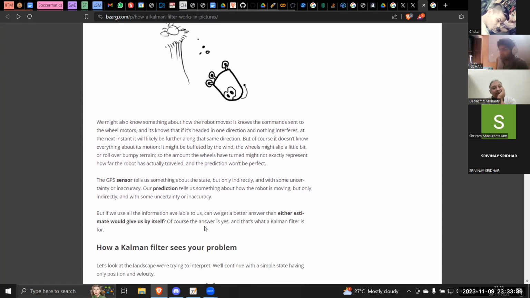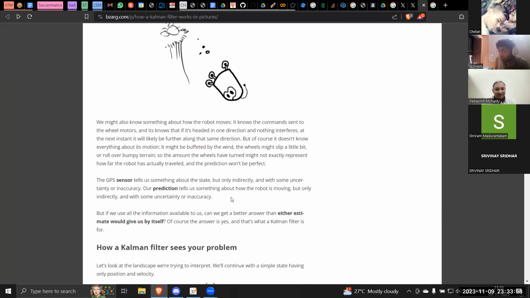The GPS sensor tells us something about the state, but only indirectly, and with some uncertainty or inaccuracy. Our prediction tells us something about how the robot is moving, but only indirectly and with some uncertainty or inaccuracy.